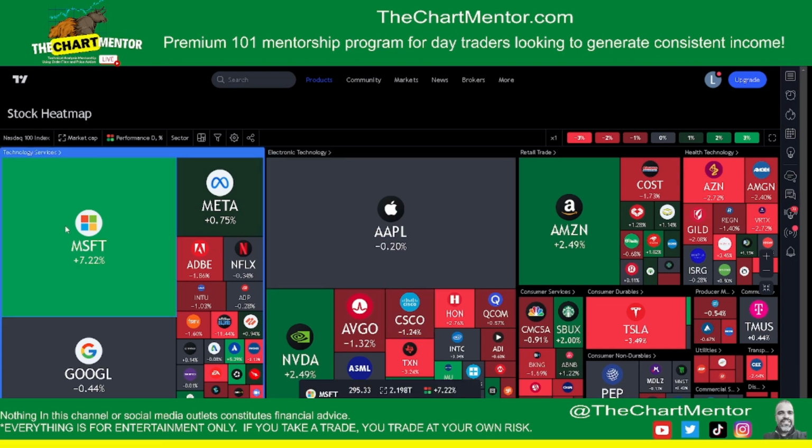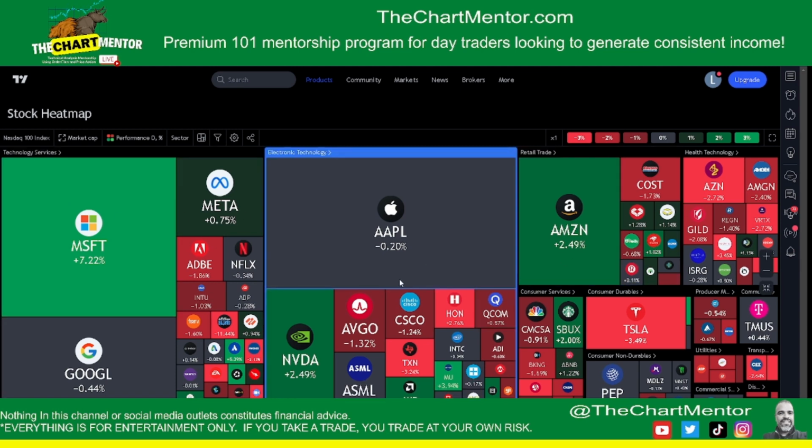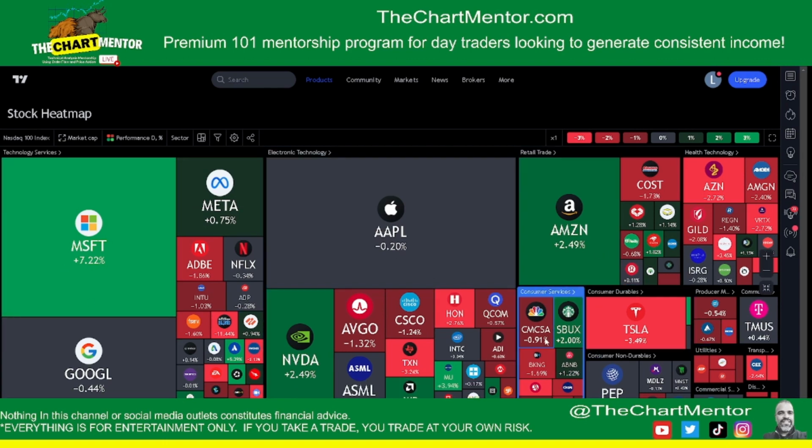Now, once you gain your expertise in technical analysis, you really don't need to be watching this too much because we trade based on the order flow. And the order flow of the NASDAQ and the market as a whole will basically show you the same thing, just on the candlesticks.